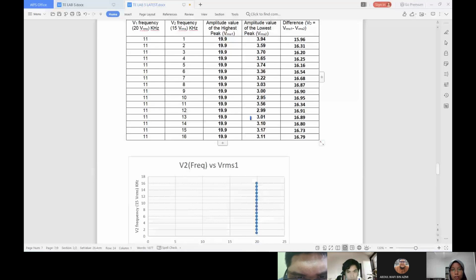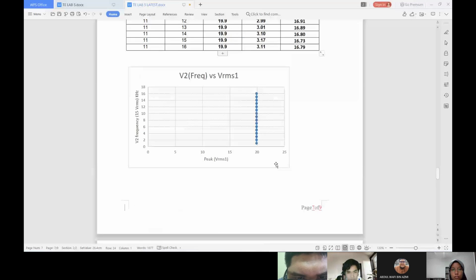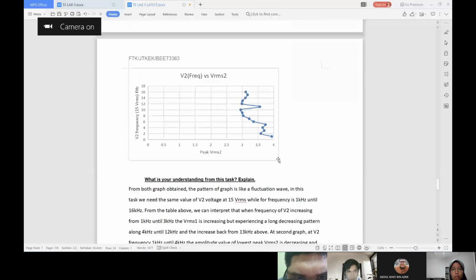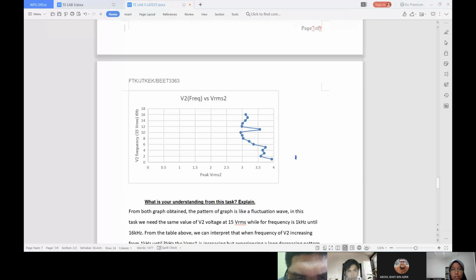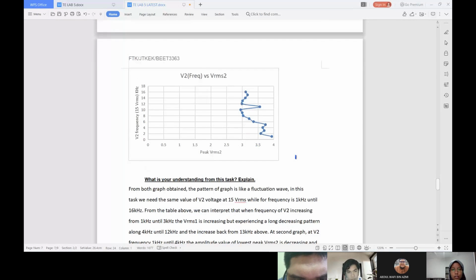For the second graph, from V2 frequency 1 kHz until 4 kHz, the amplitude of the lowest peak VRMS2 is decreasing, and then experiences a long increasing pattern from 5 until 11 kilohertz. Then it decreases back at 12 kilohertz and above.